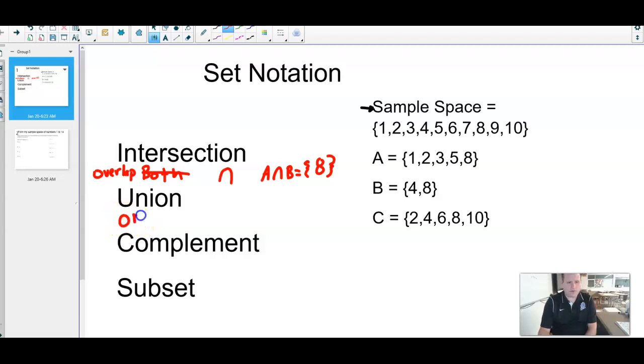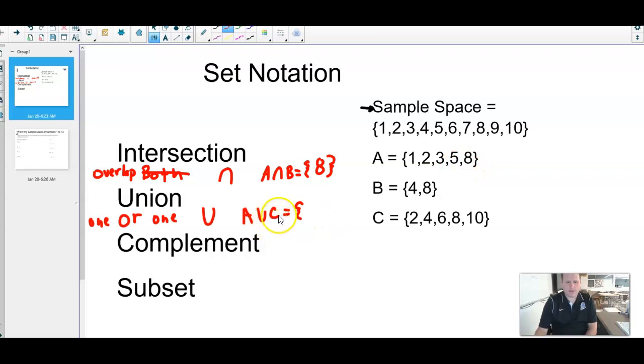Union is what we have in one or the other, and we're going to list any of them. The symbol for this is the U here. So let's say A union C. I'm going to list anything that's part of A, so that means all these numbers, 1, 2, 3, 5, and 8.